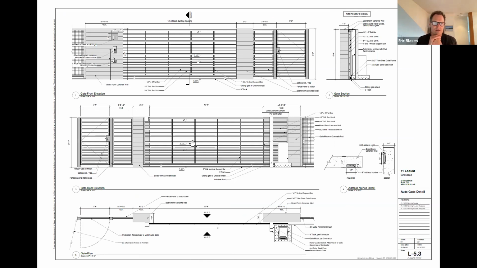So at the front, we're keeping the fence where it is. We're doing a new board form concrete column with a camera and a keypad, and a Knox box for the fire department. And then this gate's all metal and see-through, and it's black. And then there's a column and also a pedestrian gate off at the end.